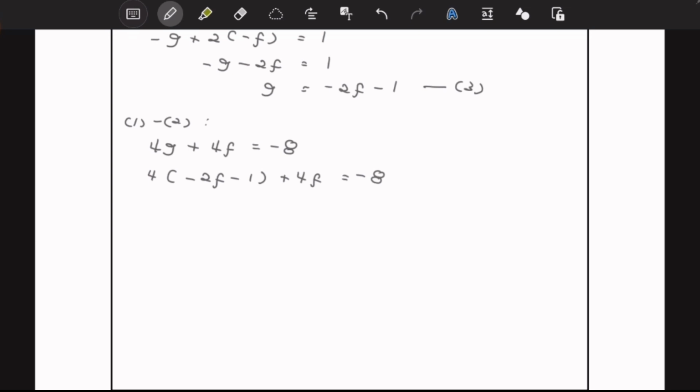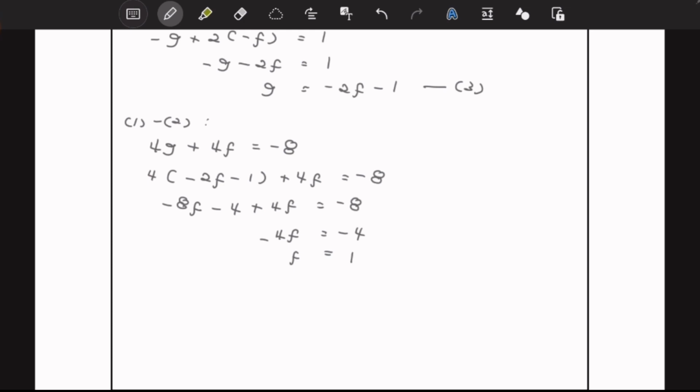Expand, we'll get -8f minus 4 plus 4f equals to -8. Then -4f equals to -4, then f equals to 1.